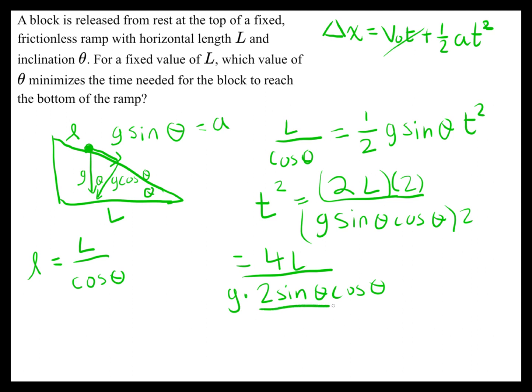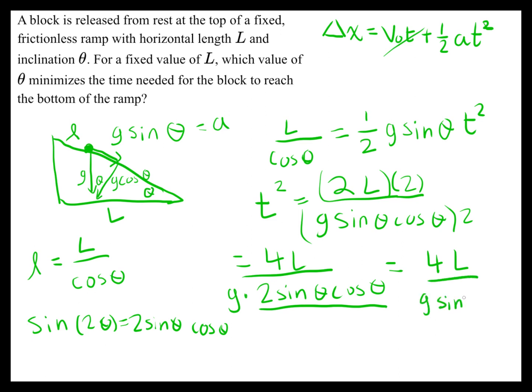And let's take a look at this here. Now, if you remember, the sine of 2 theta is equal to 2 sine theta cosine theta. So that's the double angle identity for sine. And so we can use this to simplify this to 4 times the horizontal length over g times the sine of 2 theta.